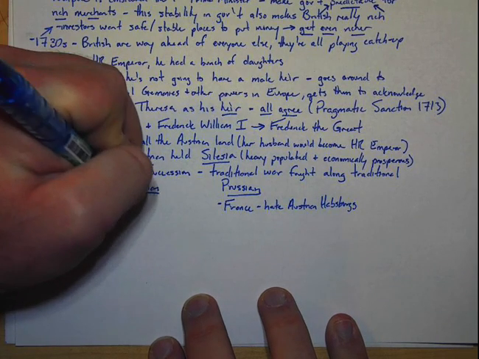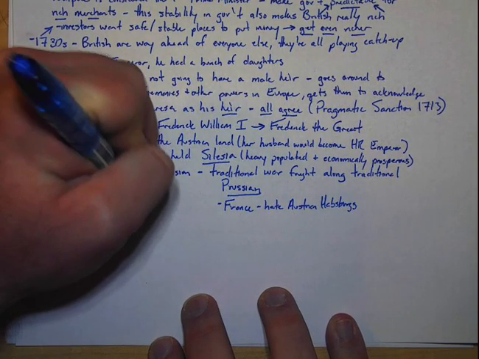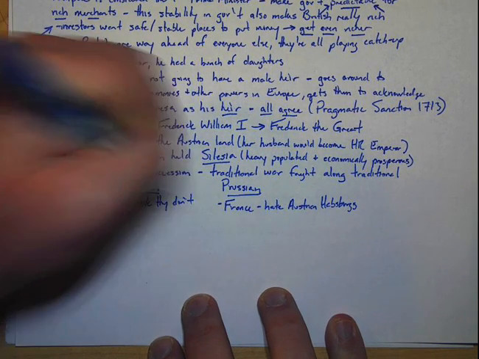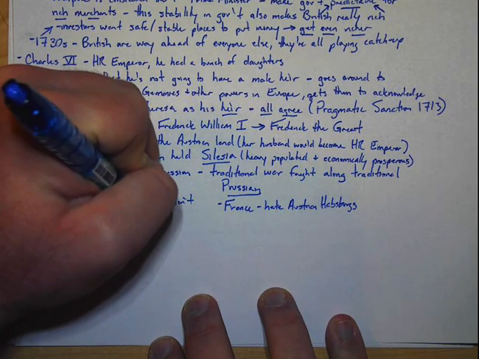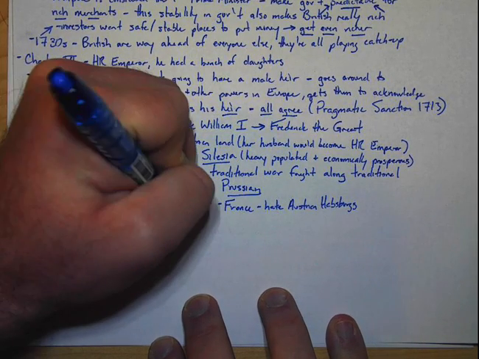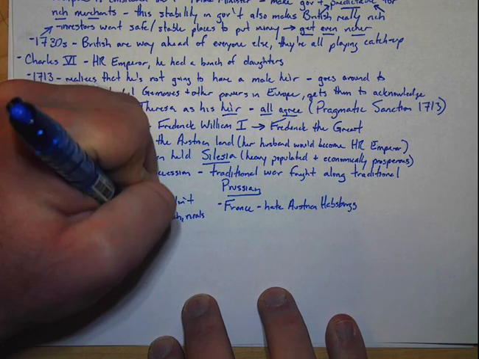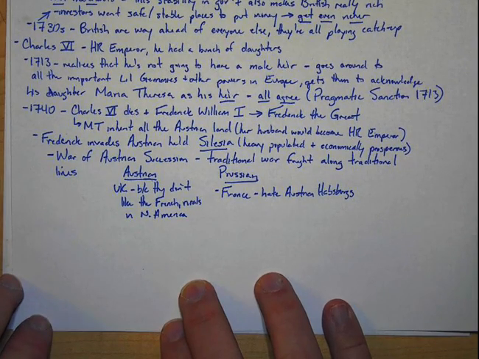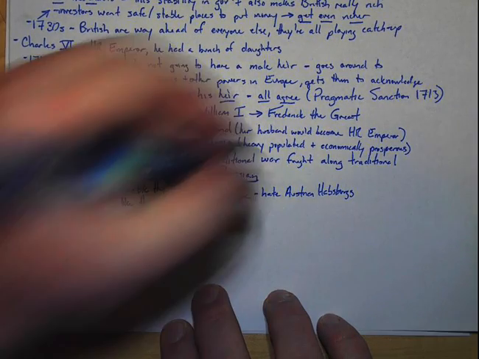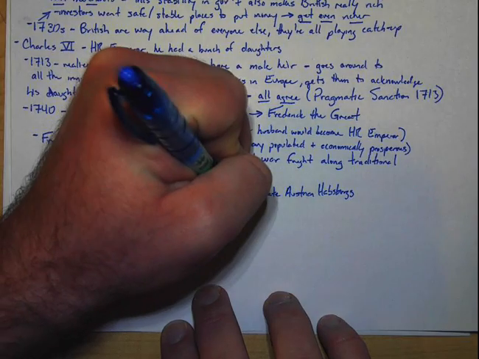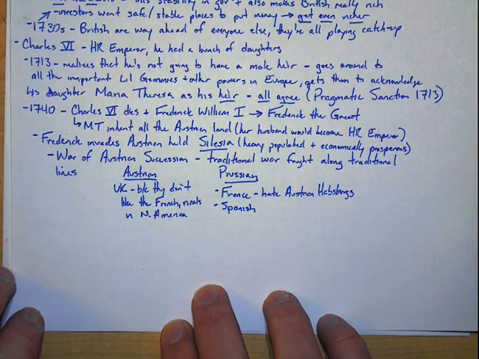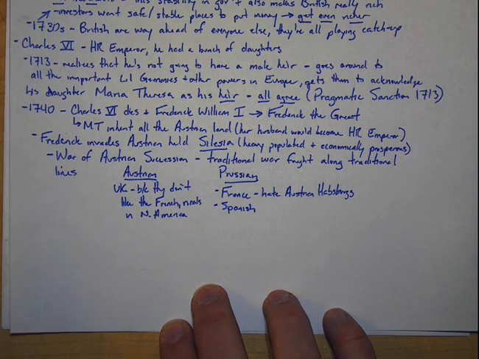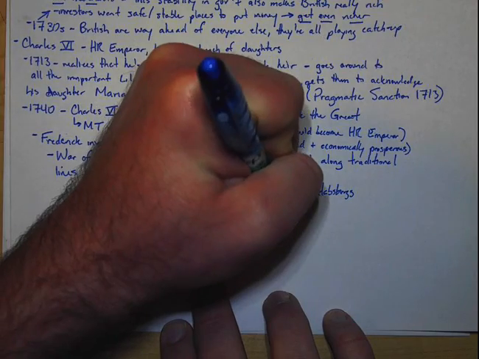The United Kingdom goes with Austria because they don't like the French, who are their rivals in North America. The Spanish join with the Prussians because they've been fighting the British in North America.